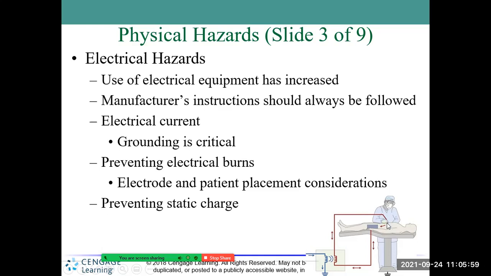So this is a circuit that has to always be grounded so that it is closing that loop. So you want to make sure that the grounding pad is always securely attached to the patient.